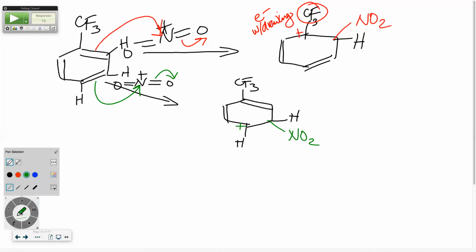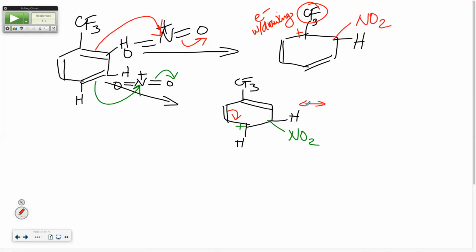Well, let's look at the resonance forms. Can I get it to end up there? What happens if I do that? Where does the plus end up? There's a lot of stuff to draw on your ring that didn't change. If I put that double bond down here on the bottom left, this carbon is now positive.